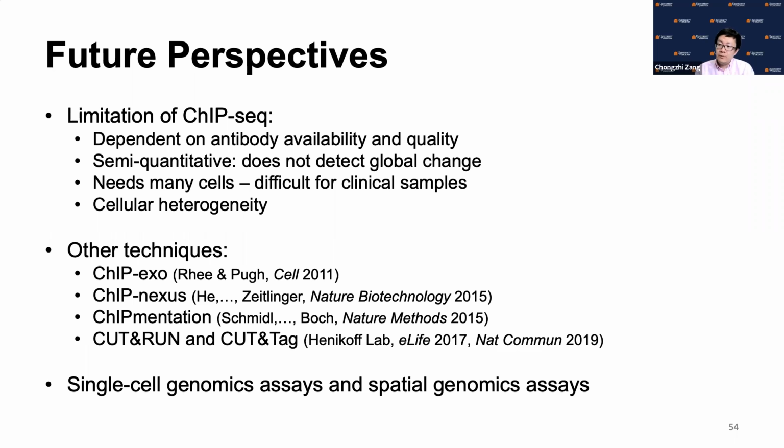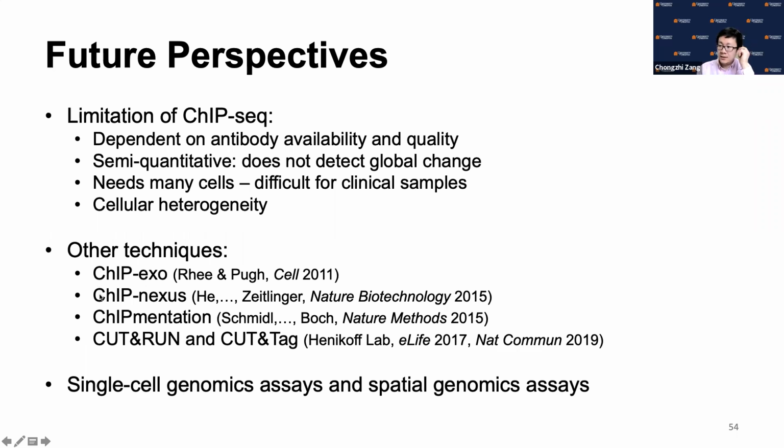So I will briefly mention several other techniques that are usually variants of ChIP-seq or other genomic technologies that can also measure the genome-wide distribution of these epigenome factors. ChIP-exo and ChIP-nexus are both variants of ChIP-seq. Actually, ChIP-nexus is further developed from ChIP-exo.